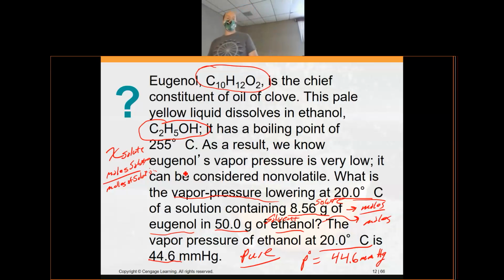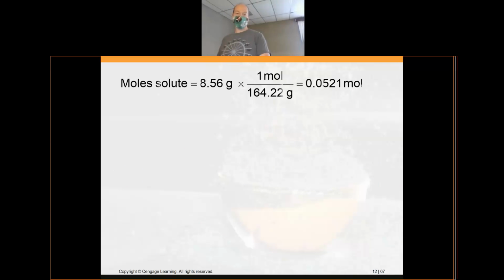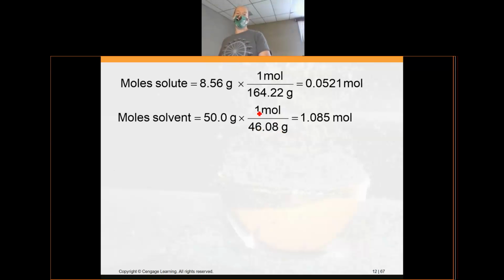You're going to take that mole fraction of your solute, multiply it by your pure solvent to get the vapor pressure lowering. All right, so you take your mass of the solute, divide by the molar mass. This is the moles of your solute. You take the mass of your solvent, divide by the molar mass of the solvent. You have the moles of the solvent.